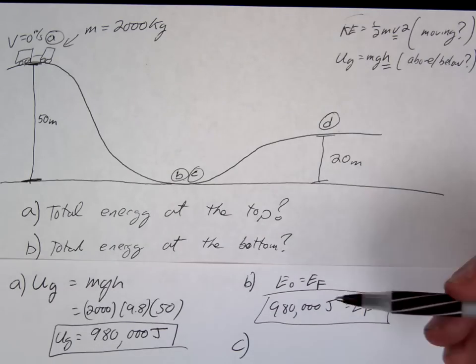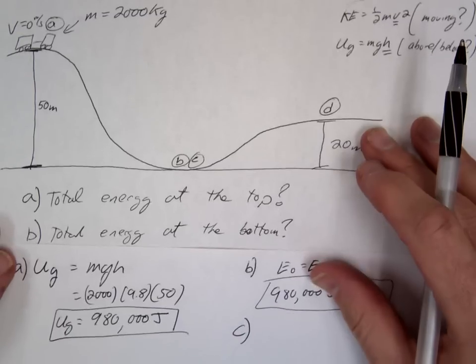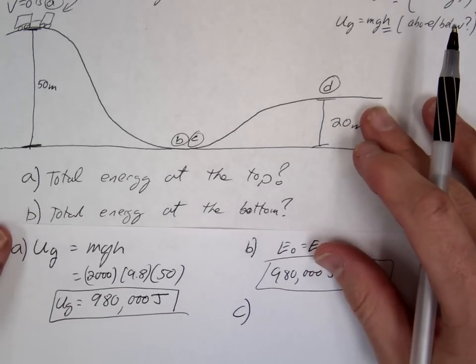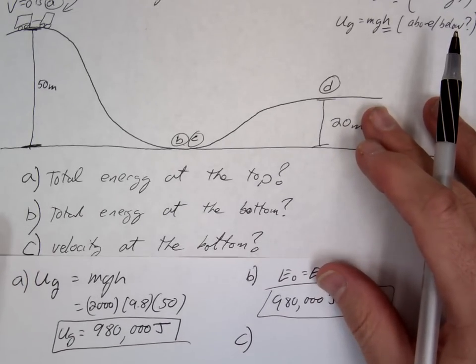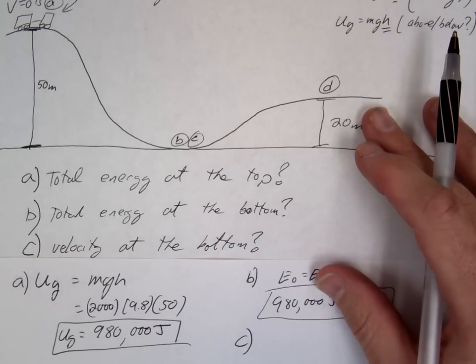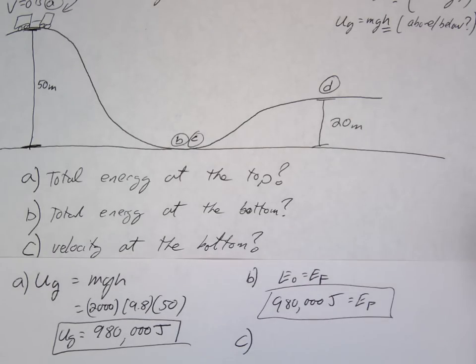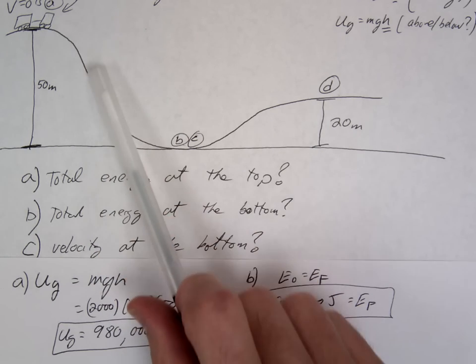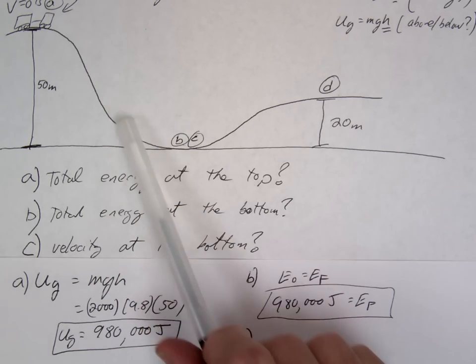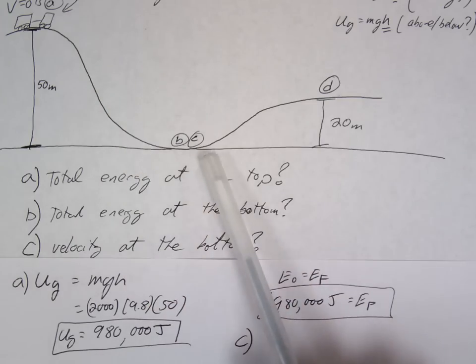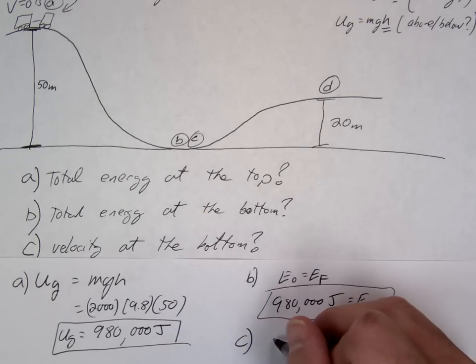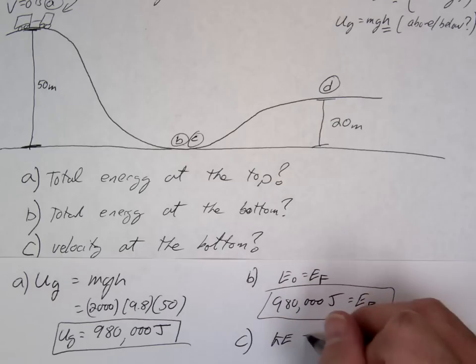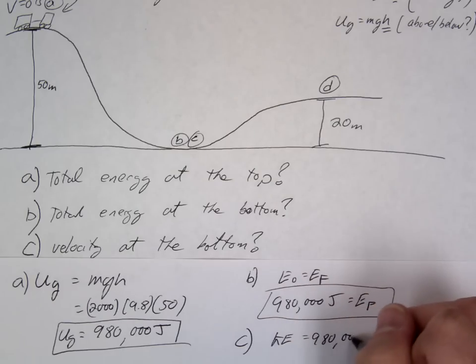Well, at point C, how is it manifesting itself? What kind of energy is it at point B? All kinetic. Yeah, so up here was all potential, and it's all changing from potential, it's losing potential, gaining kinetic energy. And so at the bottom, it's turned into 100% kinetic.